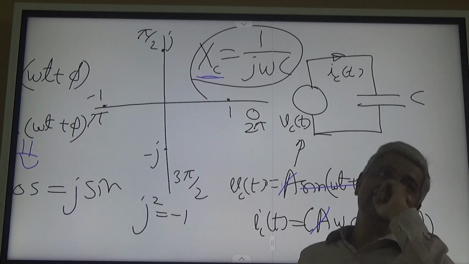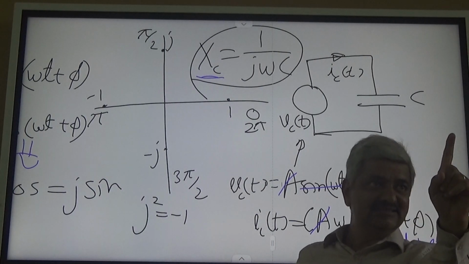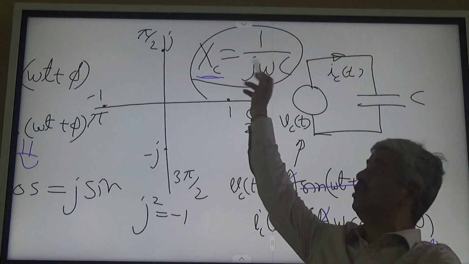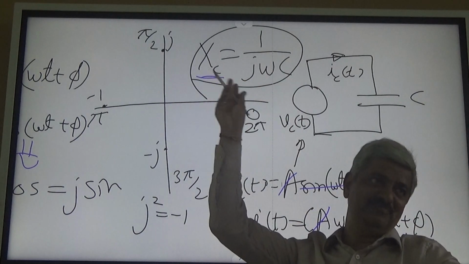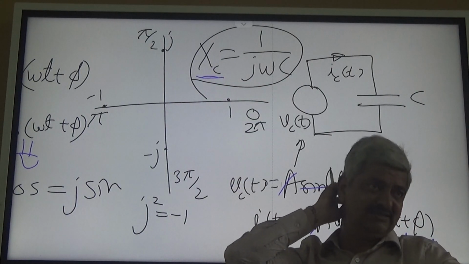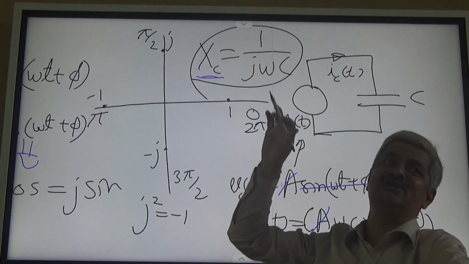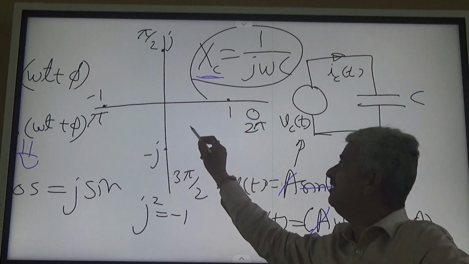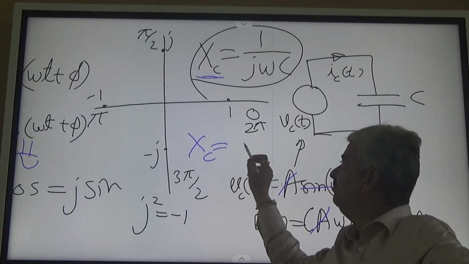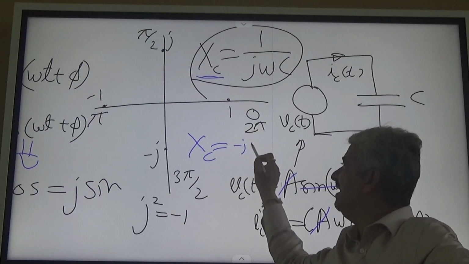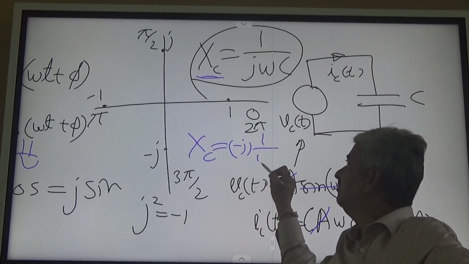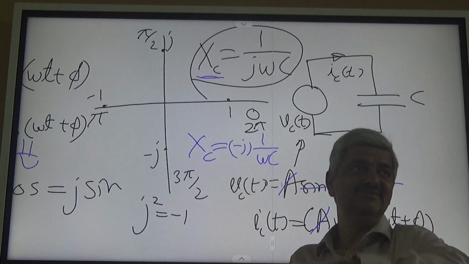So what does that indicate? That has got two parts. One is J and the other is 1 upon omega c. So I can multiply numerator and denominator by J. So it becomes X equal to minus J into 1 upon omega c.